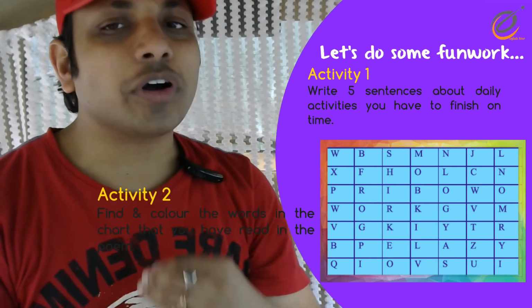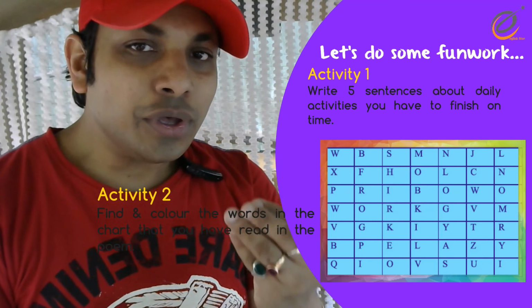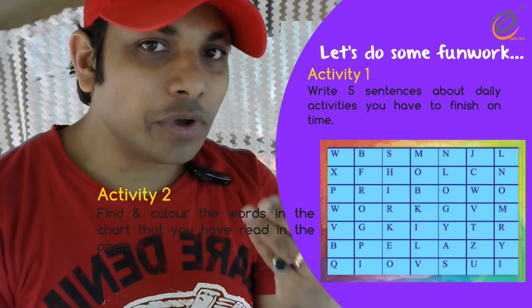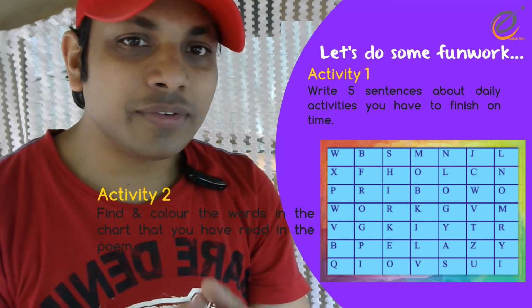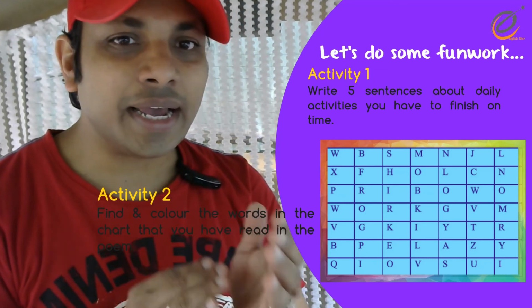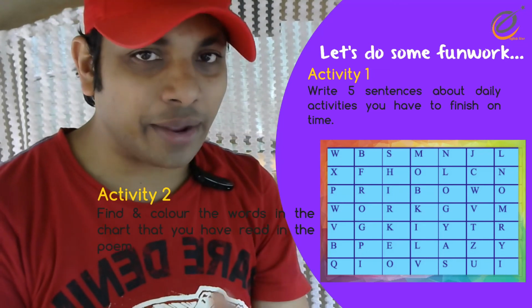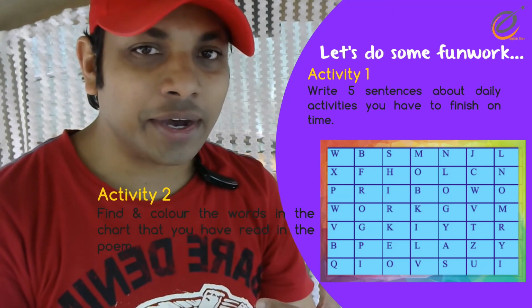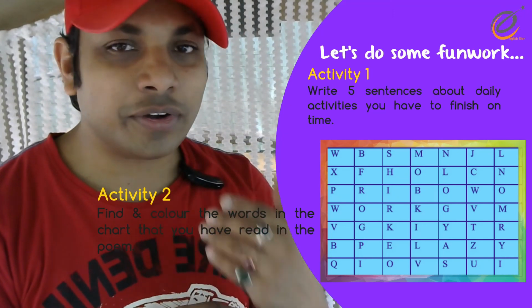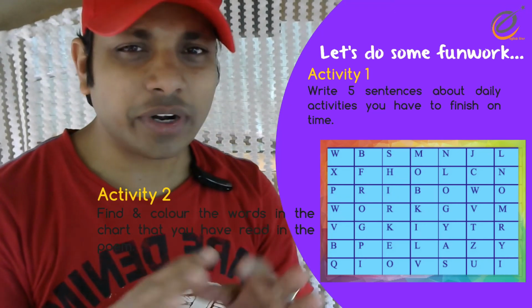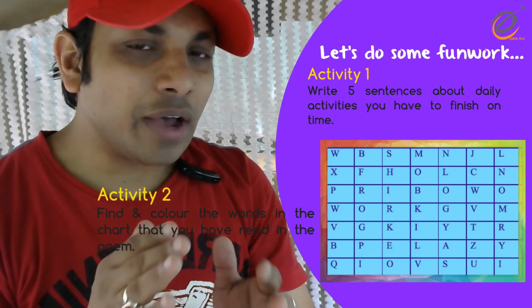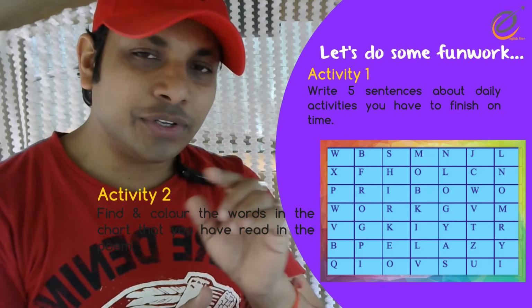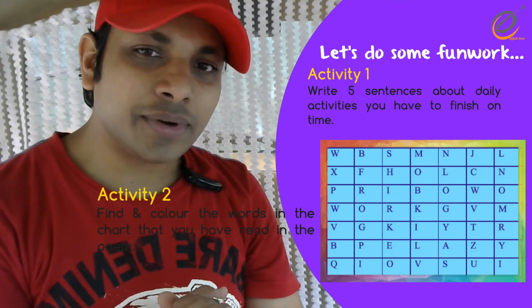So you have to talk about yourself. You have to give your own example from your real life, 5 sentences about daily activities that you have to finish on time. Starting from waking up, then freshing up, then having a breakfast or sitting for study, whatever. Means that time schedule, okay, you have to write it in a sentence. Use simple sentences, right, students?